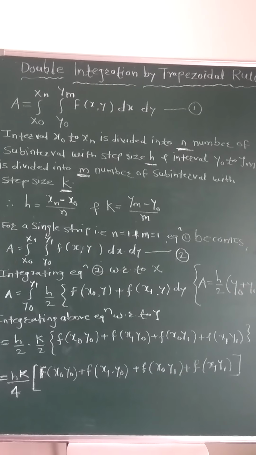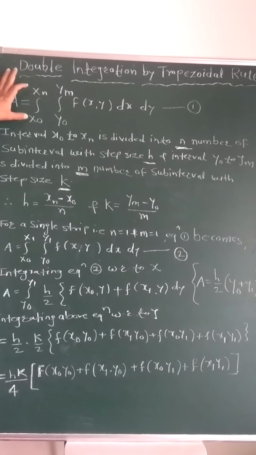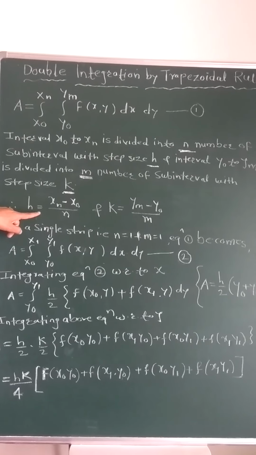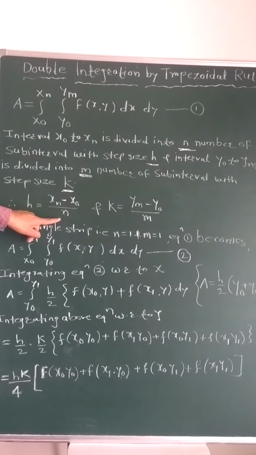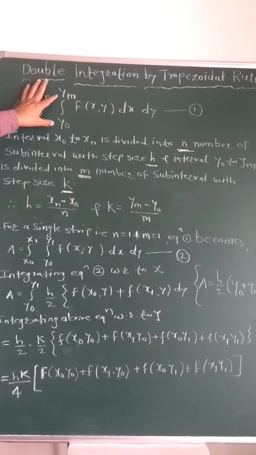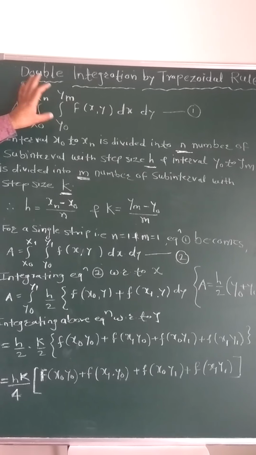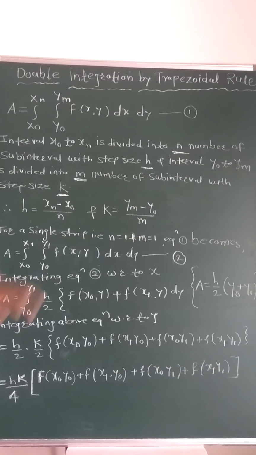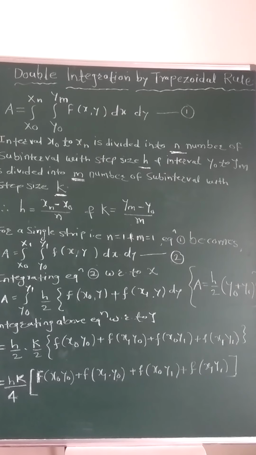Therefore, for the first interval, the step size h is calculated as xn minus x0 divided by n. Similarly, for the second interval, the step size k is calculated as ym minus y0 divided by m.